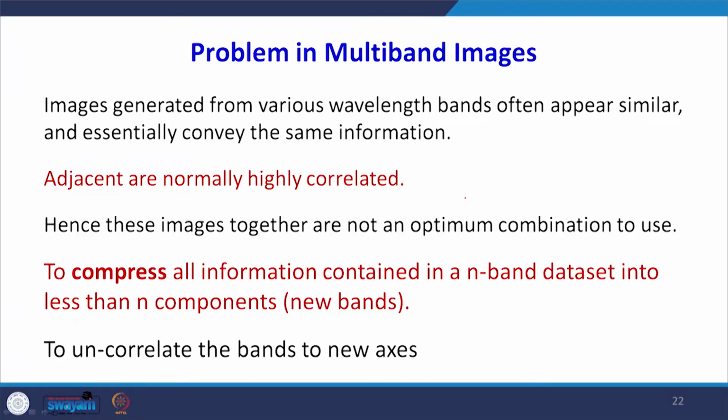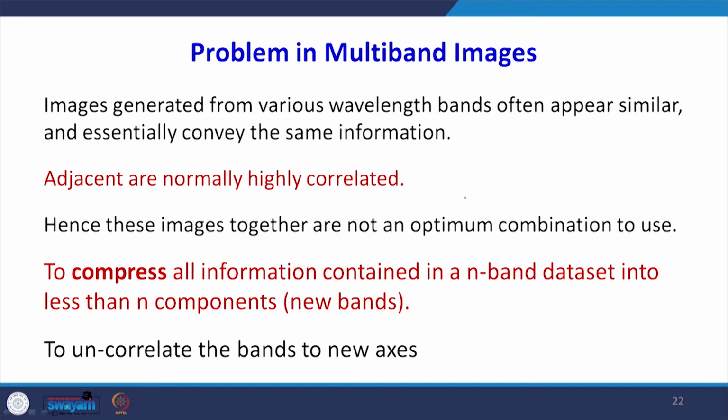When we have multi-band images, with data from several bands, let us take thematic mapper data or hyperspectral data, we have similar kinds of images in the different bands. So they look similar, and sometimes they convey the same information, so there is no advantage of the spectral characteristics of the bands. Sometimes we find that they are highly correlated. If I take band 3 and band 4, or band 4 and band 5, and draw a scatter plot, I will find a straight line, so the correlation is very, very good.